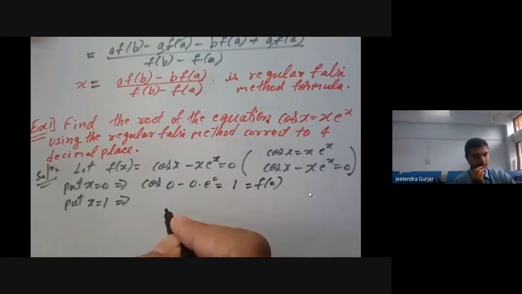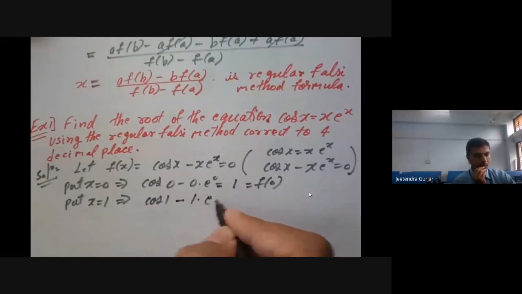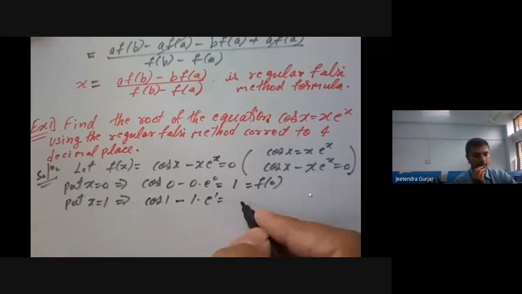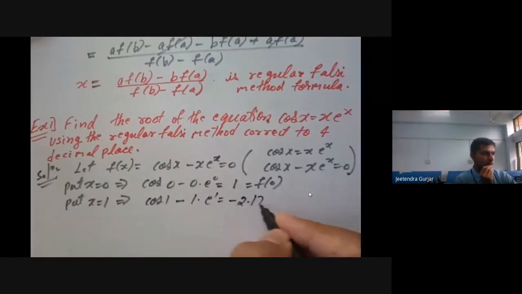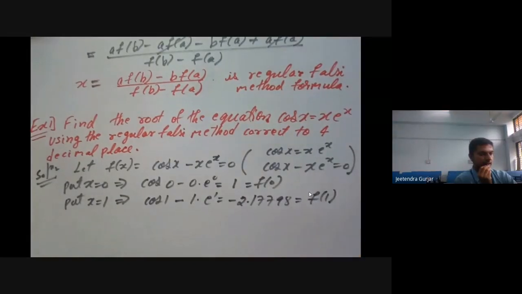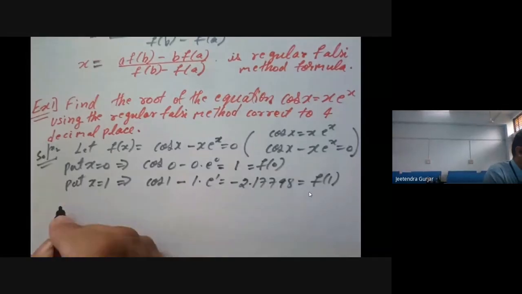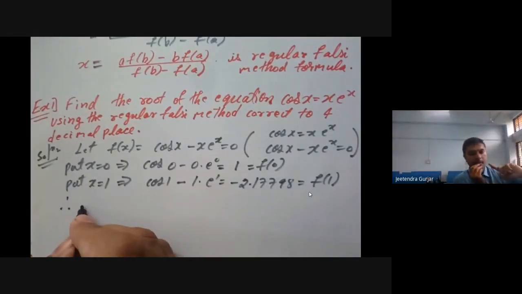Wherever x is there, substitute 1. So cos 1 minus 1 into e raised to 1, if we put it in the calculator, we get the value as minus 2.17798.